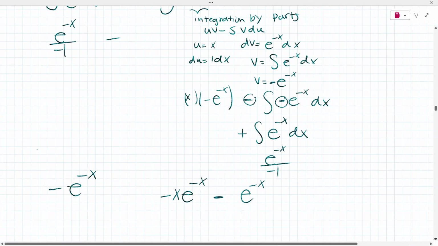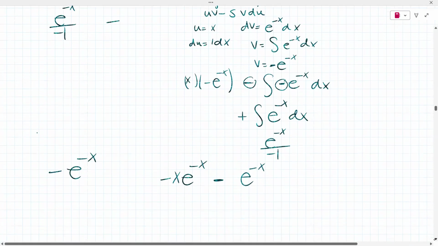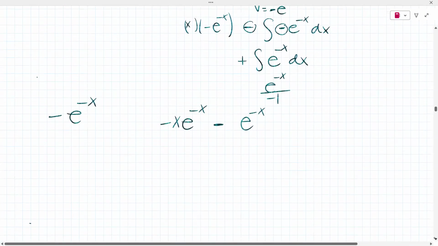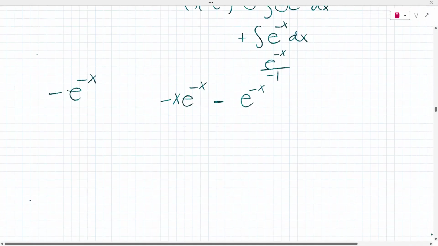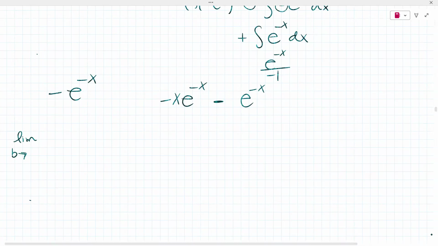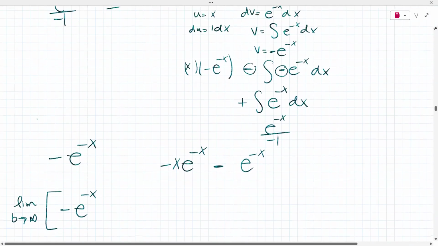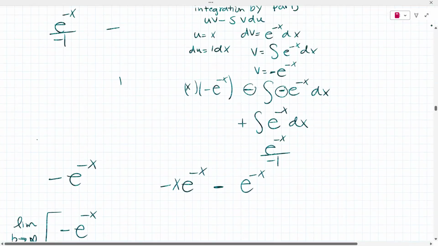So now we can rewrite our problem as the limit as b goes to infinity of negative e to the negative x. Oh, I'm missing something. There is a minus right in the middle.